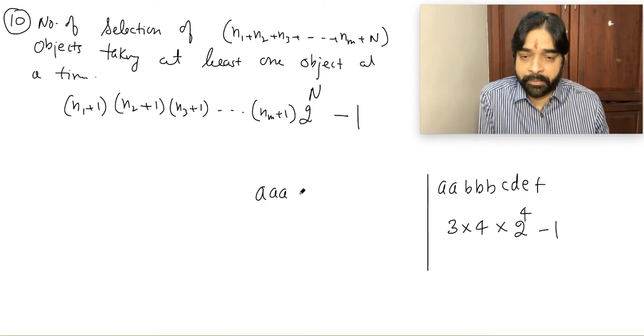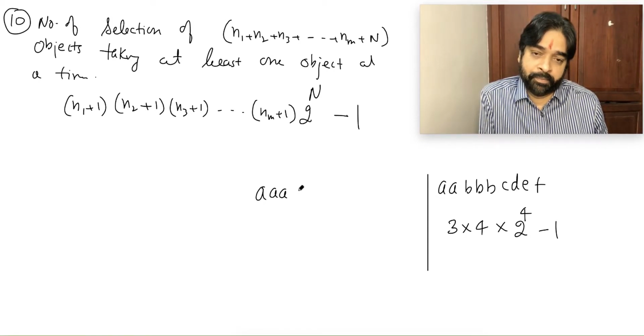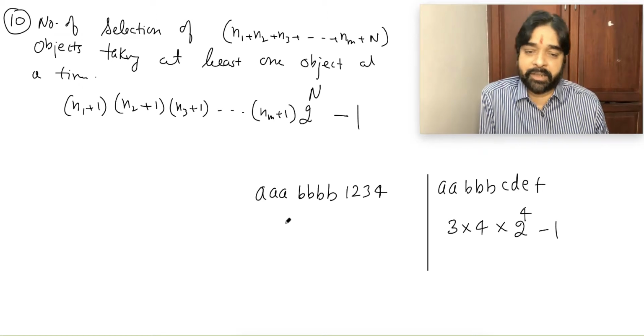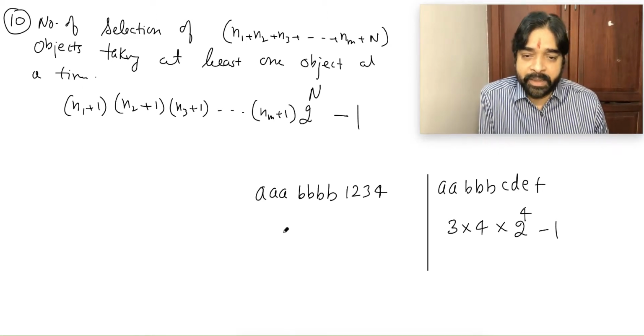A, B, 1, 2, 3, 4. In how many ways can I select at least 3 characters?